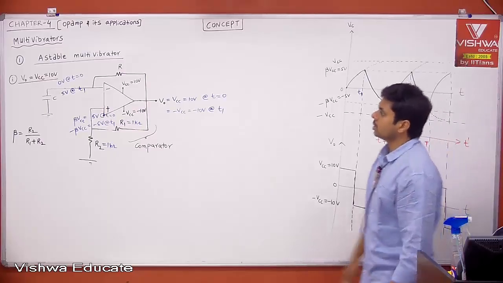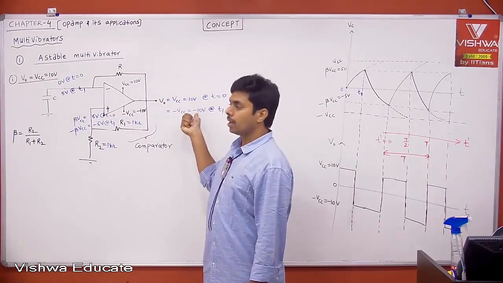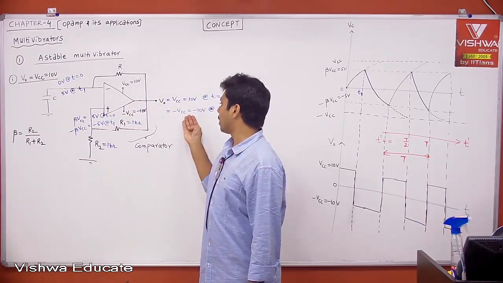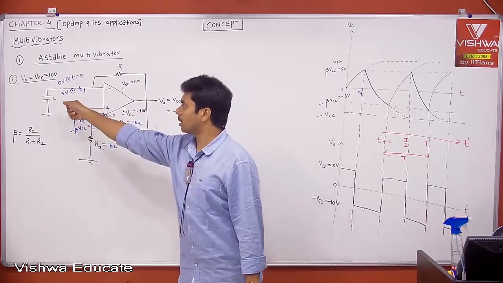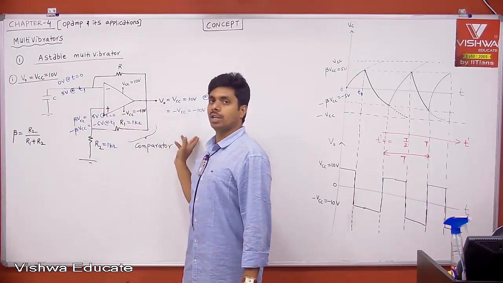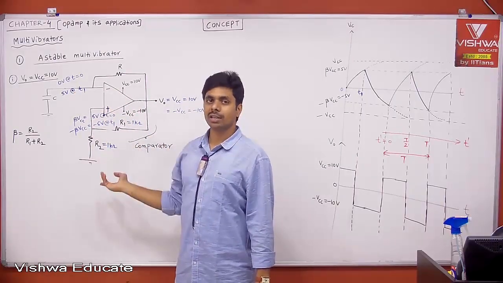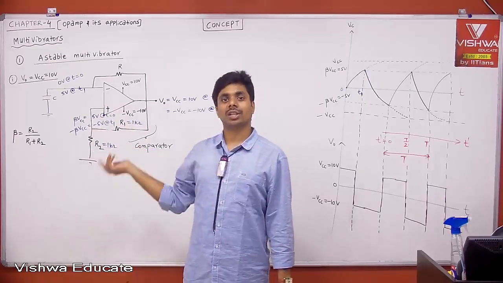When output voltage is changing from plus 10 to minus 10, your capacitor is trying to charge to that minus 10. Again, once it crosses the trigger point, your output is becoming plus 10. Again, if it is plus 10, capacitor is trying to charge to that 10. Again, this is becoming 5. Once it crosses 5, again output is changing. Capacitor is trying to track the output, but it is triggering your output. Again, capacitor is trying to track your output, but again it is triggering your output.